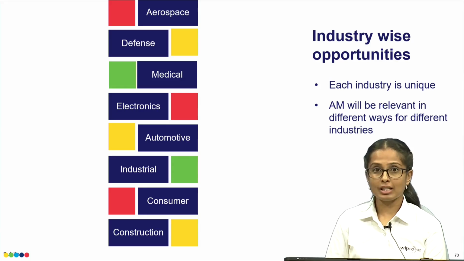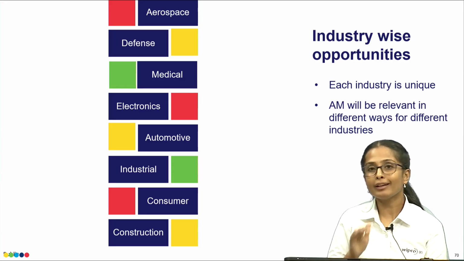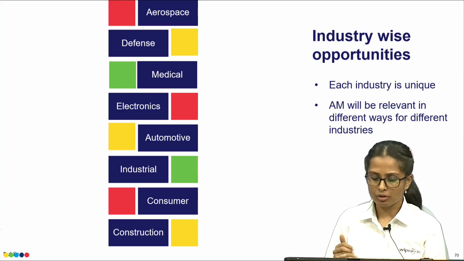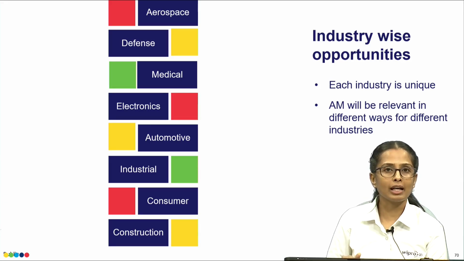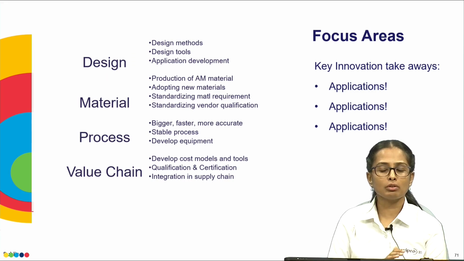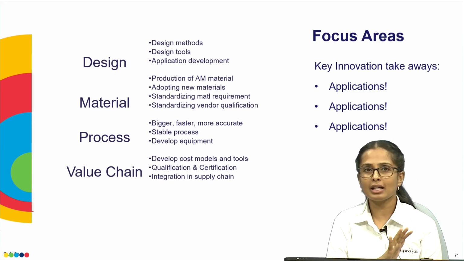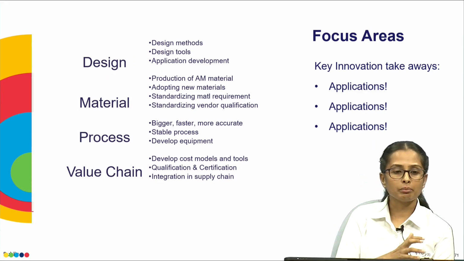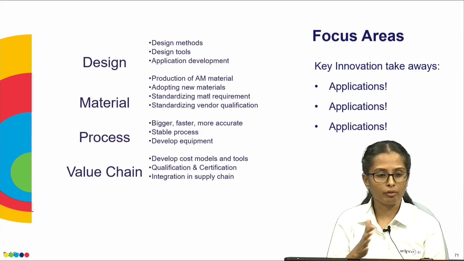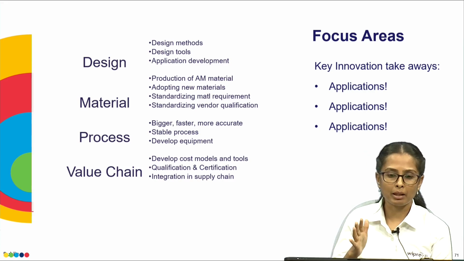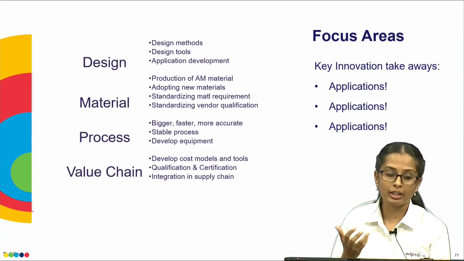So, each industry is different, and there are different expectations from each industry. So, that is what we will have to understand when we try and cater to them. So, what should the focus area be? We have seen design, material, process and the entire value chain. Can we make design software? Can we make powder as well as develop the parameters to 3D print them?